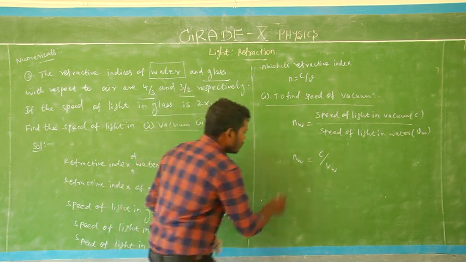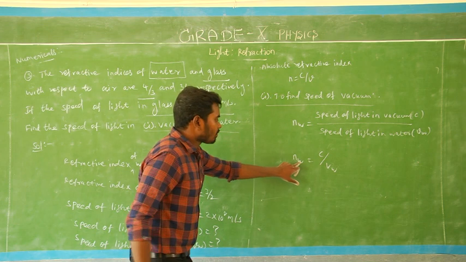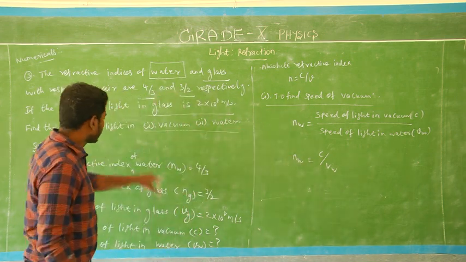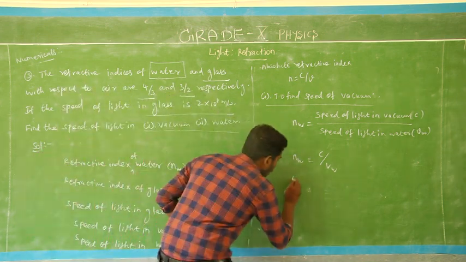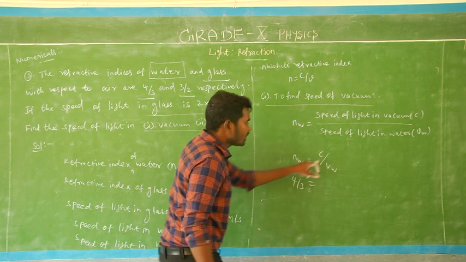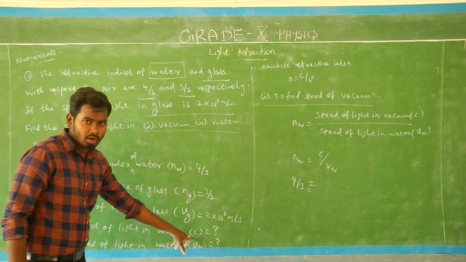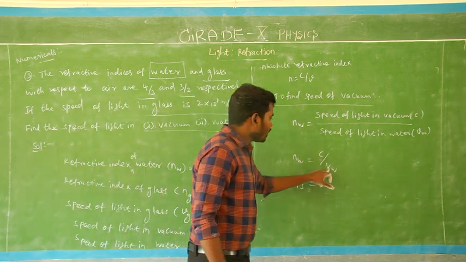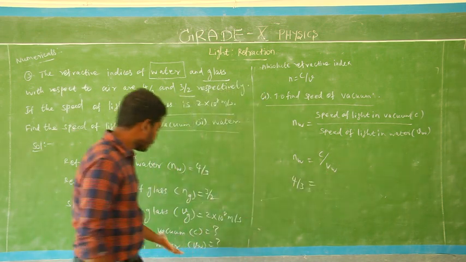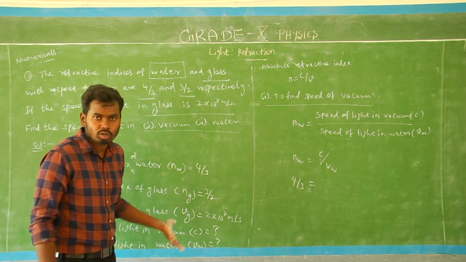So this is the refractive index of water, this value, 4 by 3. So 4 by 3 is equal to C by v w. Do you know the C value? C value is not given, so we need to calculate the C value. Next one, the speed of light in water, that value also is not given. We have to calculate it.